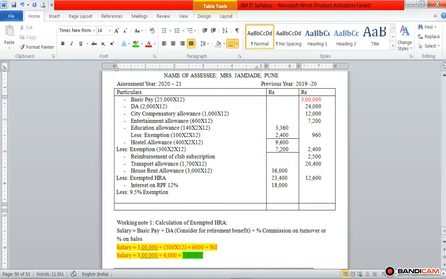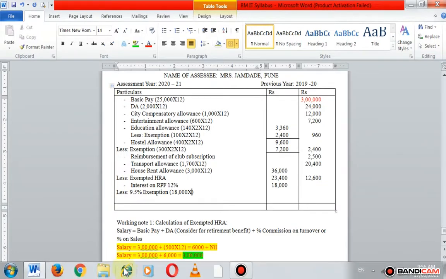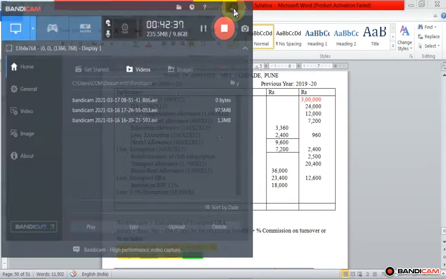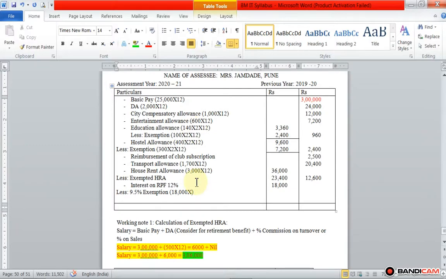So we compute 9.5%: 18,000 multiplied by 9.5 divided by 12.